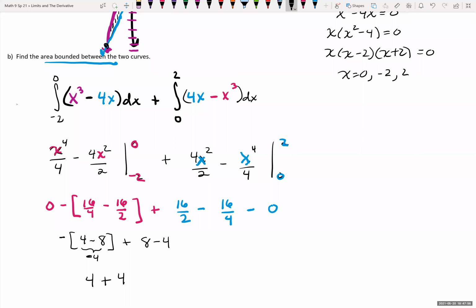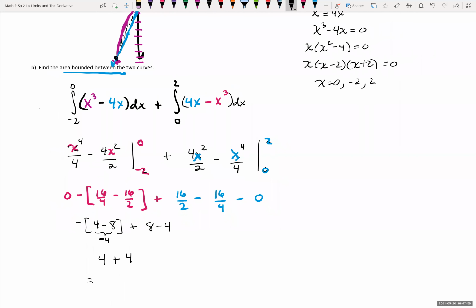And so the sum there is equal to 8. And so if you were doing this and you were in my Math 1A class, you could have used the fact about symmetry. This is an odd function. And so we know that with an odd function, if we're looking at area, we could just look at the area of the one piece and multiply it by 2. Because it's symmetrical, these areas are going to be the same.